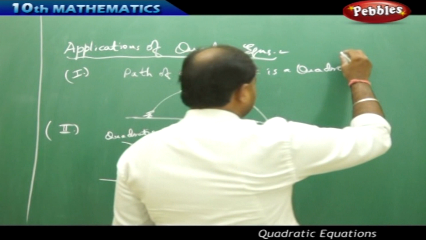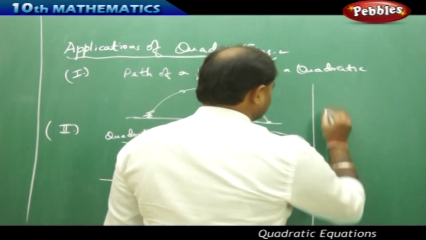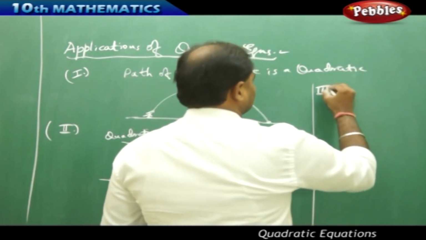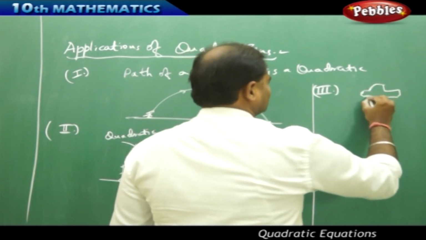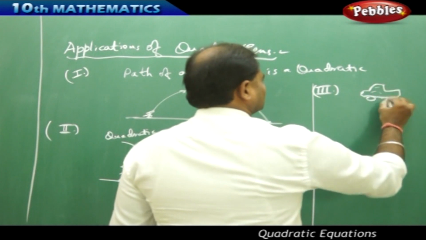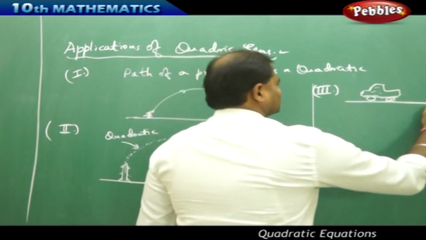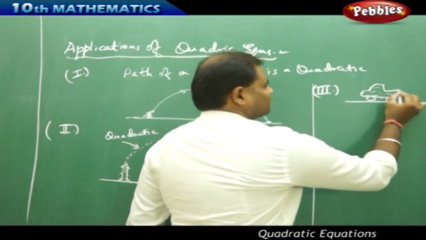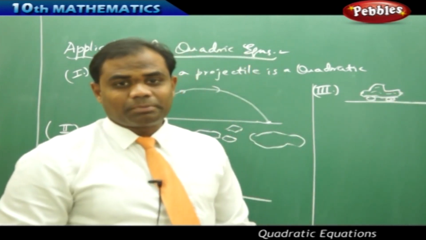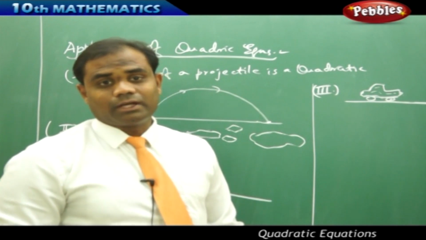Also, there are many other applications. Say, for example, I take a vehicle. When it is going very fast on the ground and I put on the sudden brake, then the stopping distance is also a quadratic.